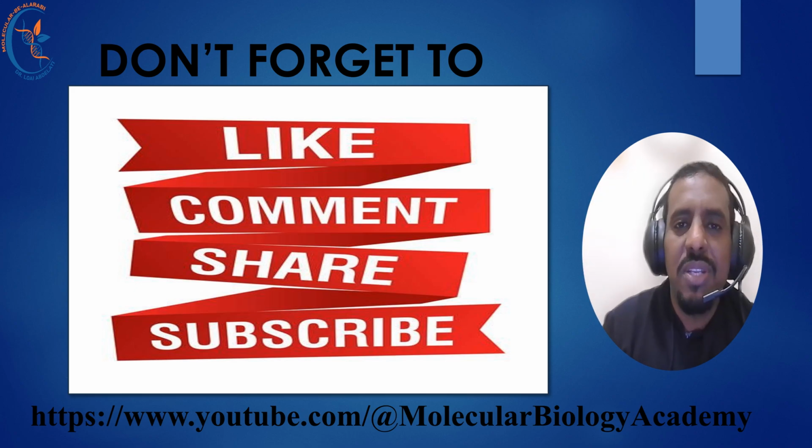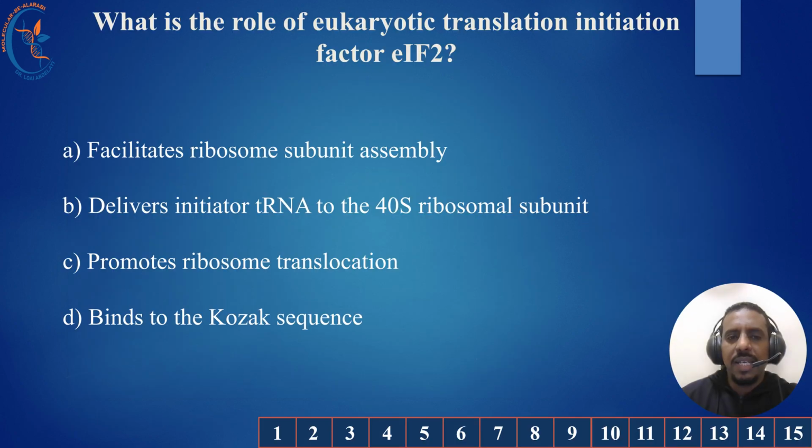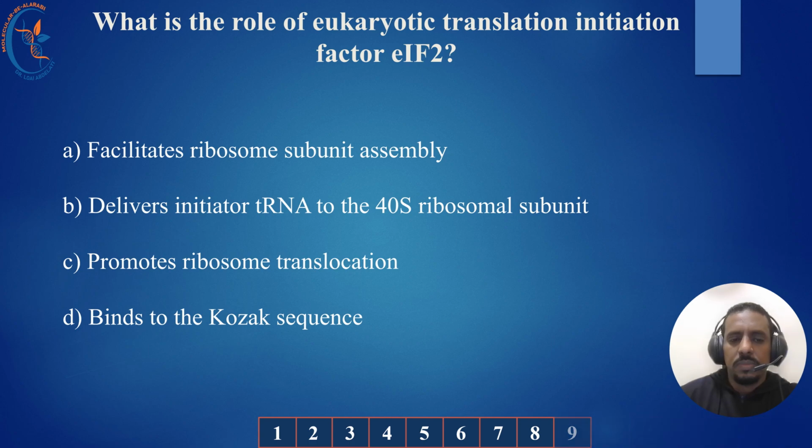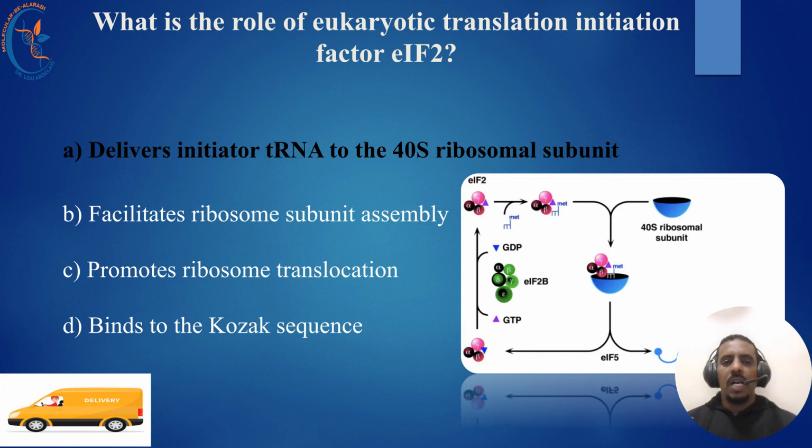Okay, let's continue. Okay, the next question is, what is the role of eukaryotic translation initiation factor 2? Actually, the role of eukaryotic translation initiation factor 2 is to deliver the initiator transfer RNA to the 40S ribosomal subunit.